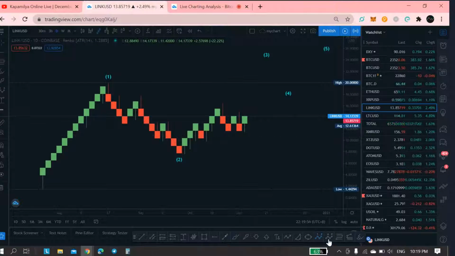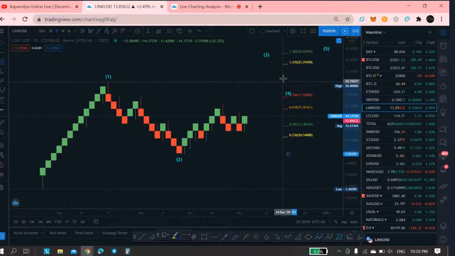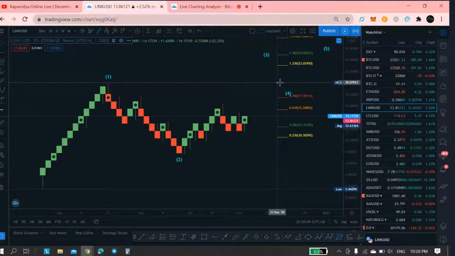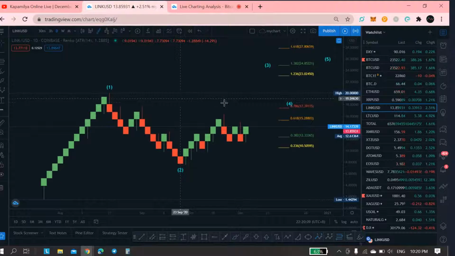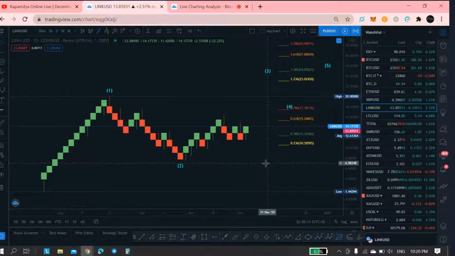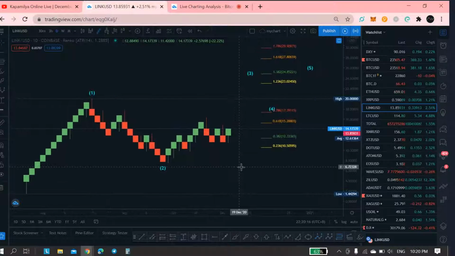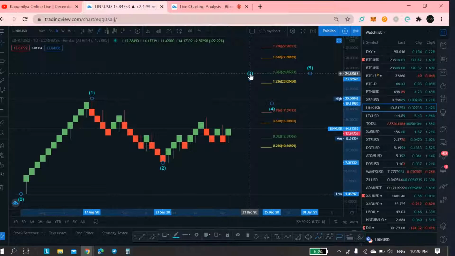For wave 3, normally I use the 1.618, so it should be higher than the previous high of wave 1. Wave 3 should not be the shortest among waves 1, 3, and 5. The next possible target at 1.0 is actually even at the 27 area.